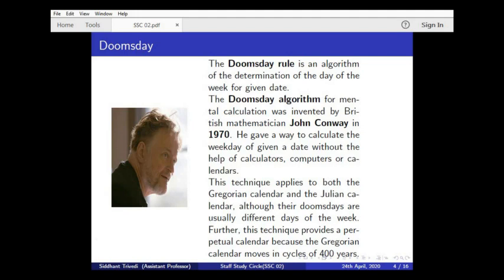In 1970, he made the Doomsday algorithm. Using this, one can determine the day of the week for any given date. The more interesting thing about this is you can do this without using any calculator, calendar or computers.